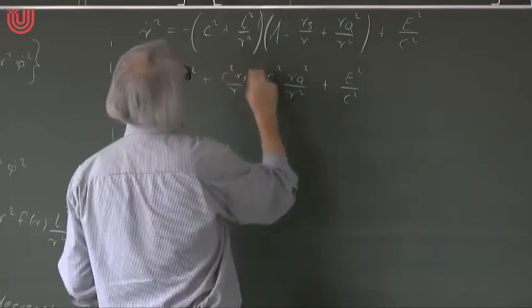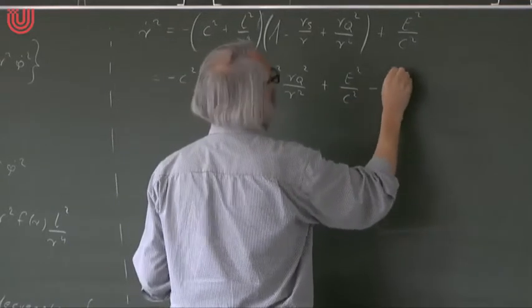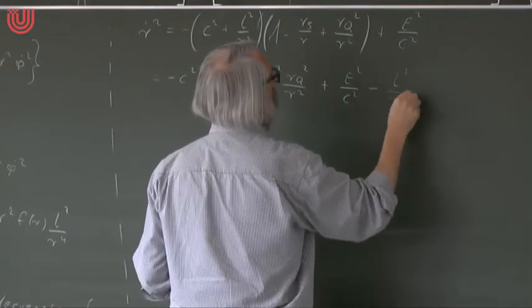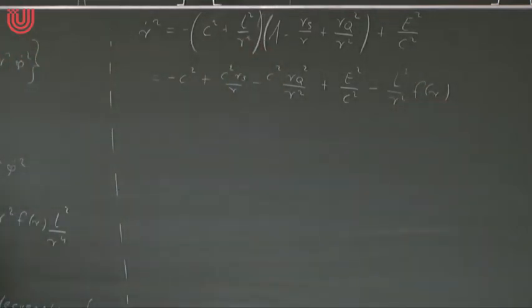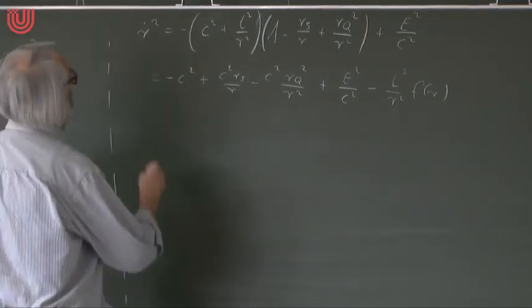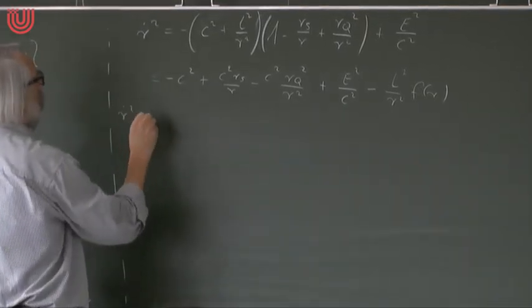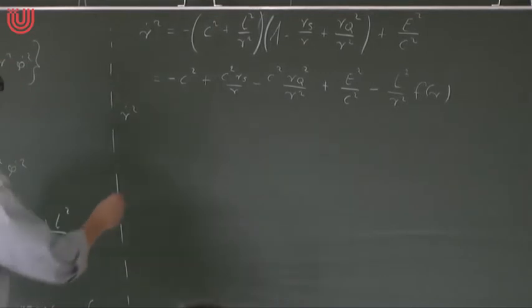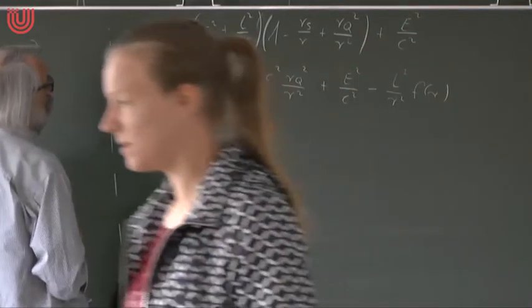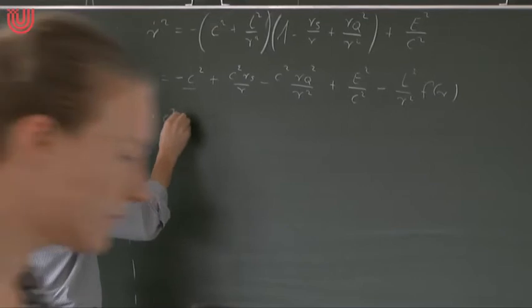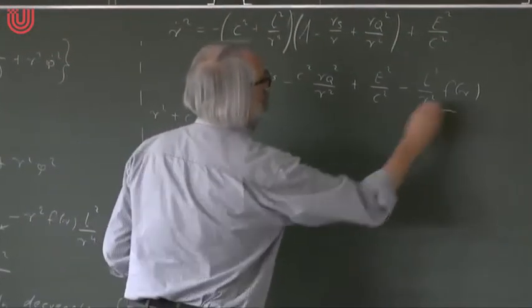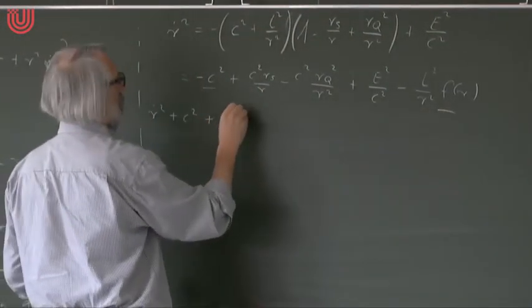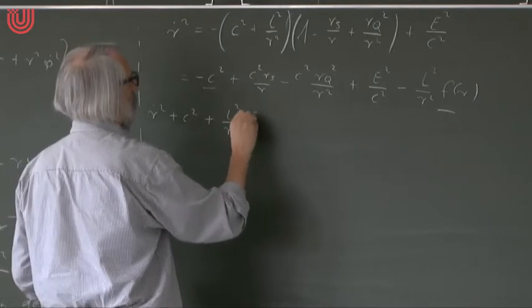For the term with the L, I can write again f of r. I don't have to write this out. Okay, that's the same thing, right? So now I rearrange things in such a way that I write some positive terms on the left-hand side. This is certainly positive if I take it to the left-hand side. And this is certainly positive, plus L squared over R squared, f of r.